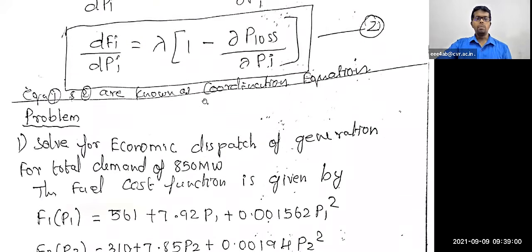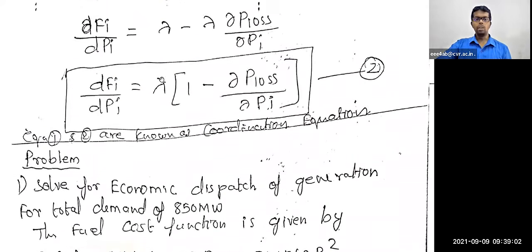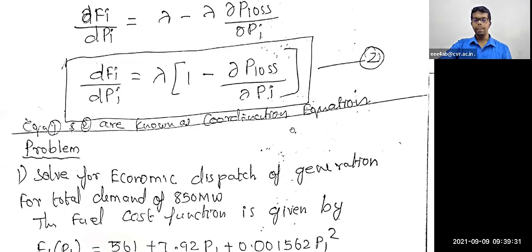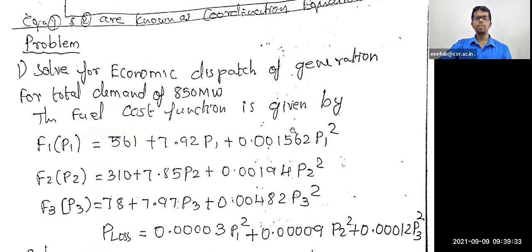We already derived this equation, and this is with considering the losses. Without considering the losses, the formulation is dFi divided by dPi is equal to lambda. So here losses will be considered, and we have to solve this.